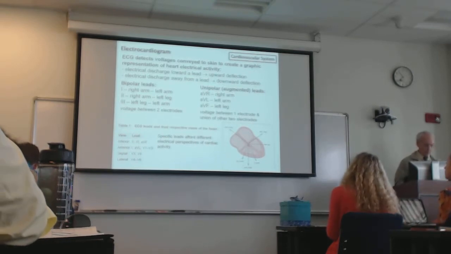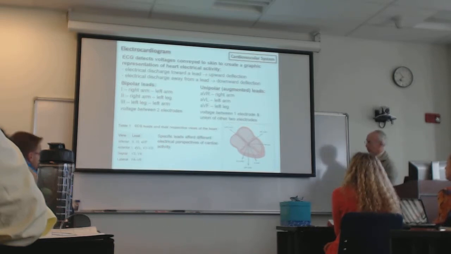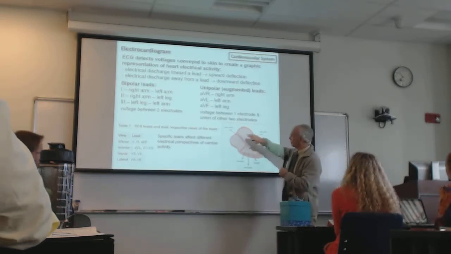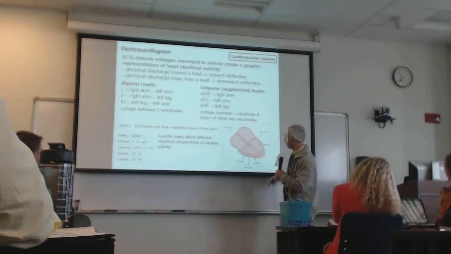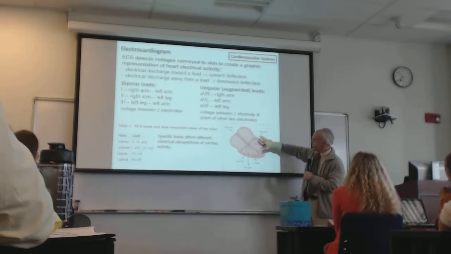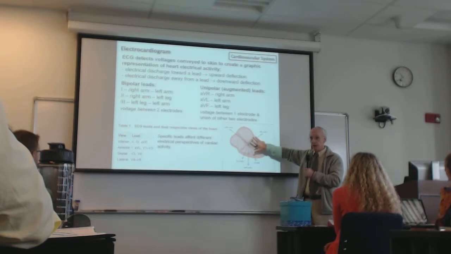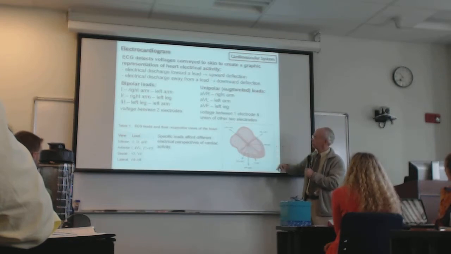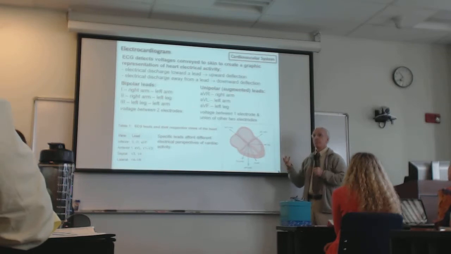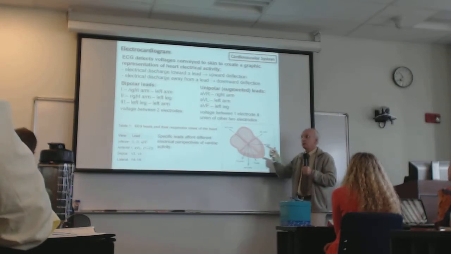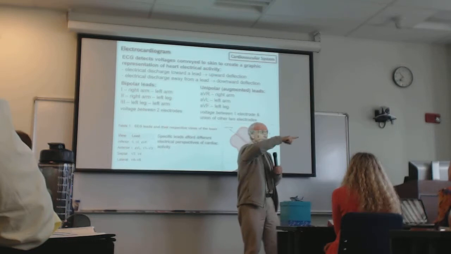Now, the advantage of doing things this way, by looking at things from a collective perspective, looking at a combination of leads with each measurement, is that the electrical activity of the heart can be more or less understood from different perspectives, different physical locations.